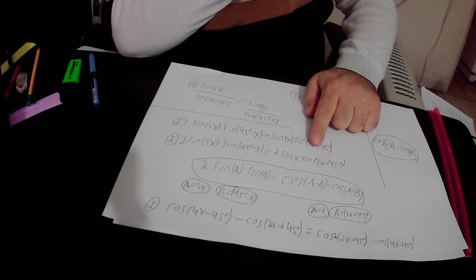A minus B is x minus 3x is minus 2x, and 0 minus 45 degrees is minus 45 degrees. So we got here that it equals cosine minus 2x plus 45 degrees.